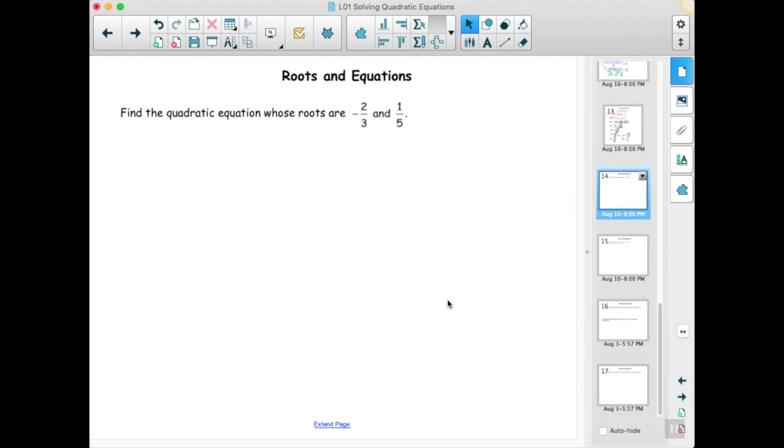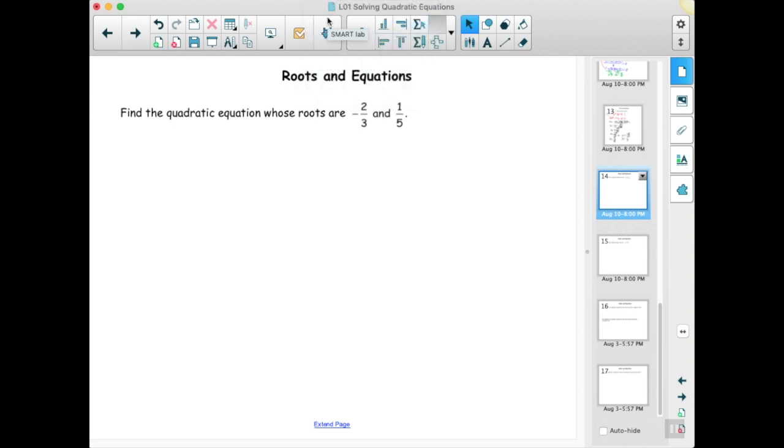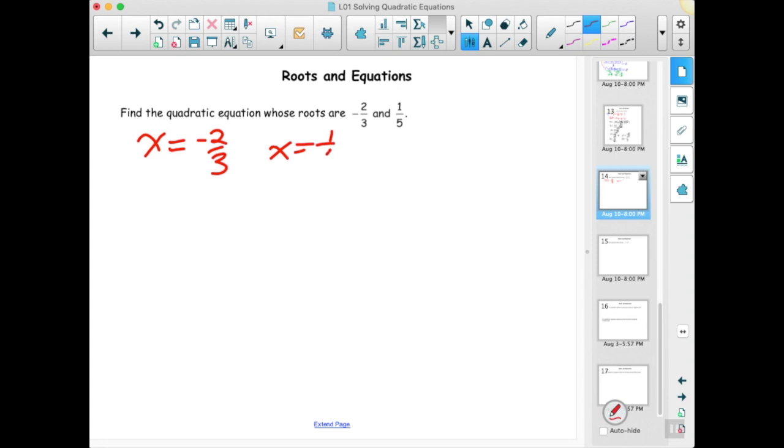Now we're going backwards. So suppose I tell you to find a quadratic equation that has some specific roots. Again, I'm going to pause, give you some time to think about it. All right, we're back. So I think I'm going to start by saying this. We know that x is equal to negative 2/3, and we know that x is equal to 1/5.